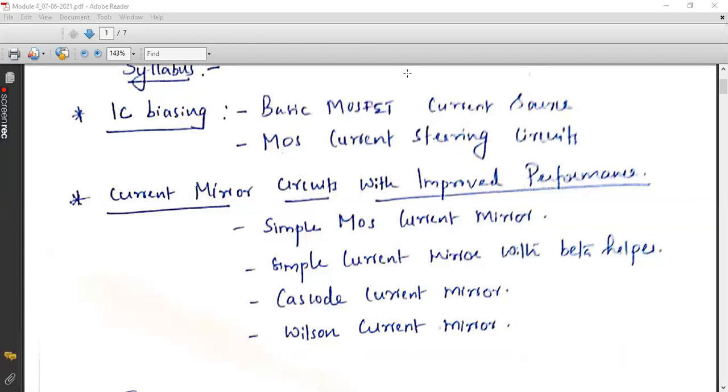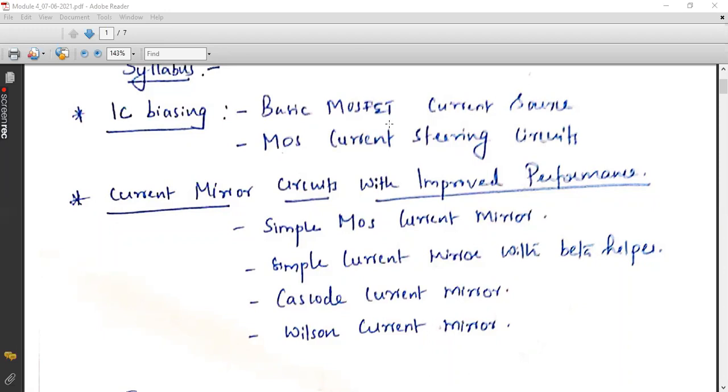So for that, we have a special technique, that is how to bias an integrated circuit. That is done by using a MOSFET current source and current mirroring and steering circuits. In IC biasing, we are going to learn the process of biasing all the stages of an amplifier. Because in an integrated circuit, we can't say that only one amplifier will be there.